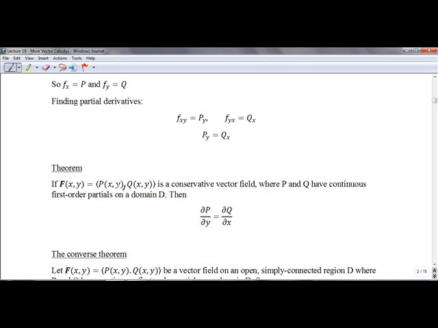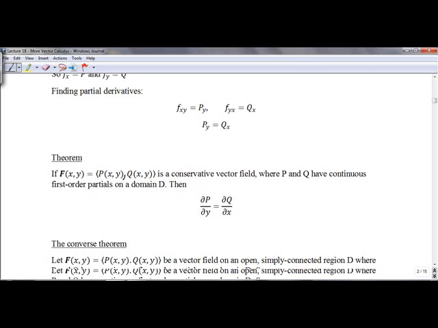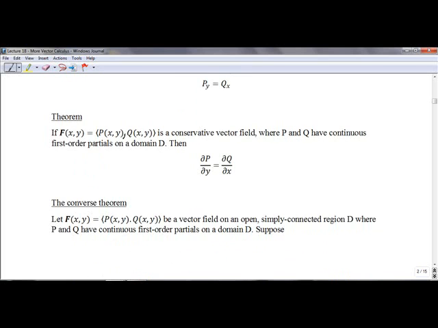So if that vector field is conservative, where P and Q have continuous first partials on a domain, then the partial of P with respect to y has to be equal to the partial of Q with respect to x. That's a very important formula or theorem. Let's move on to the converse.